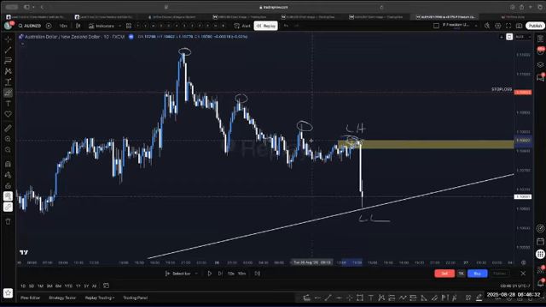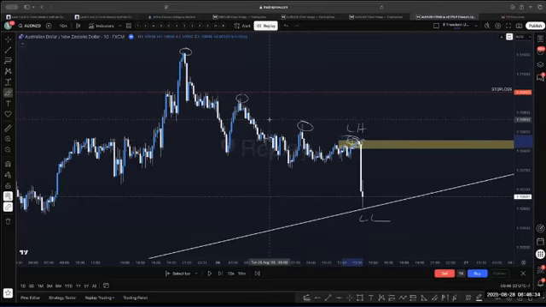Now, this looks pretty simple. But here's the thing. Every high needs a low, and every low needs a high. Now, in a downtrend, every high should produce lower lows. Keyword, should produce lower lows.